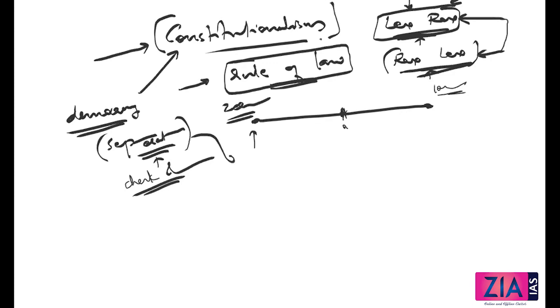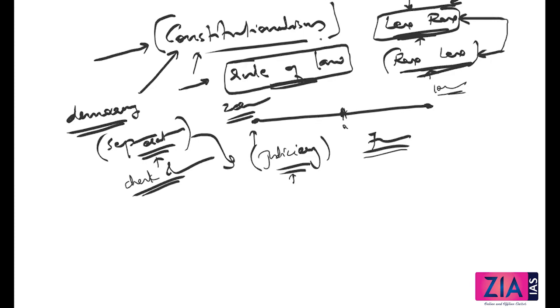And who is actually ensuring that citizens are not subjected to arbitrary use of power or arbitrary executive action? It is the judiciary. So the judiciary is also considered very essential when it comes to constitutionalism. Then fundamental rights.